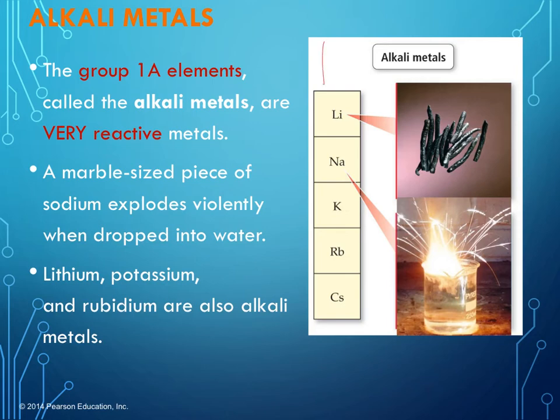Group 1 or Group 1A, depending on what numbering system, are called the alkali metals. That's a name you should remember. They're actually the most reactive group in the periodic table. They are metals because they're to the left of the stair step. Extremely reactive. So you could take any of these metals and throw them in water and you would get an explosion.